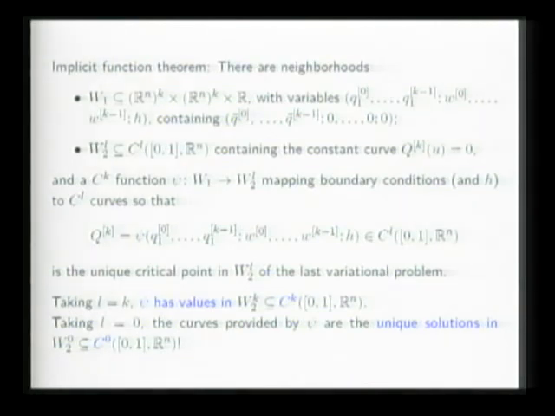In CL, in principle, this could be 0 or K. For each value of L, you have different neighborhoods here, but you just take the intersection.